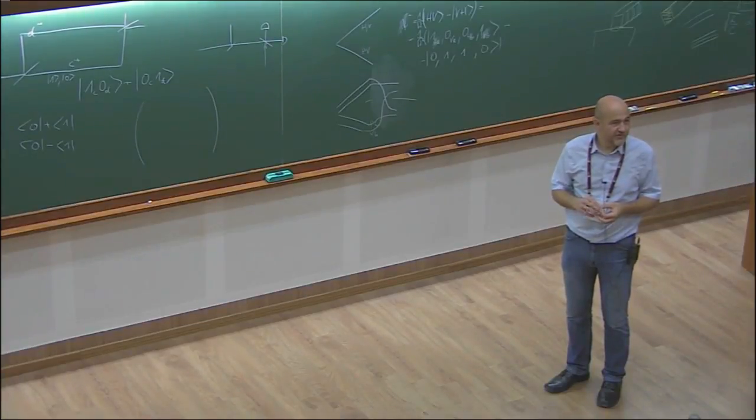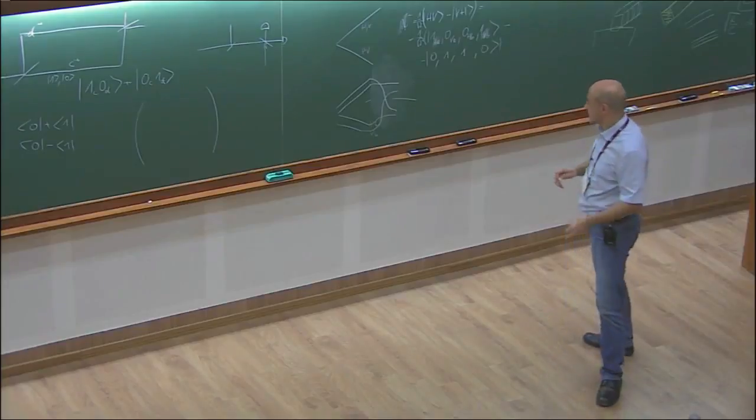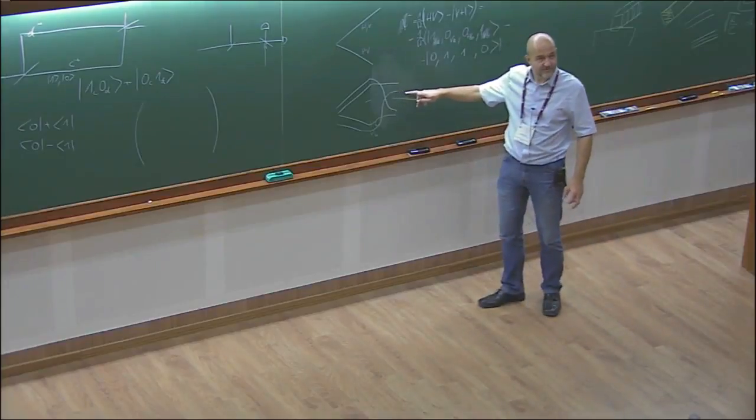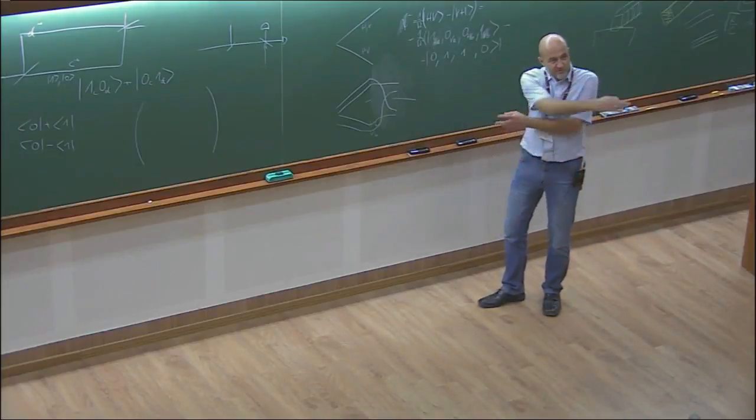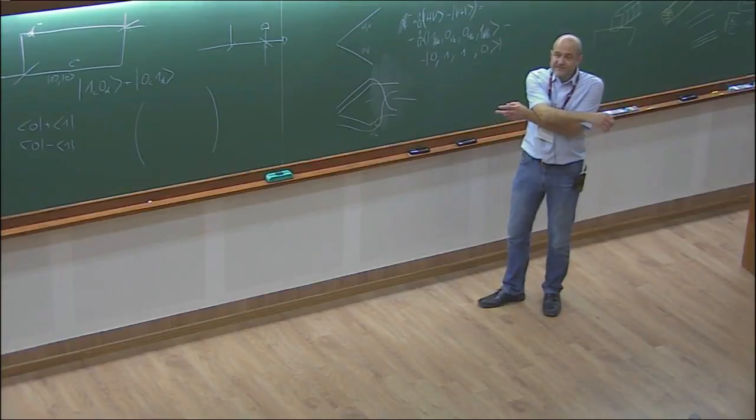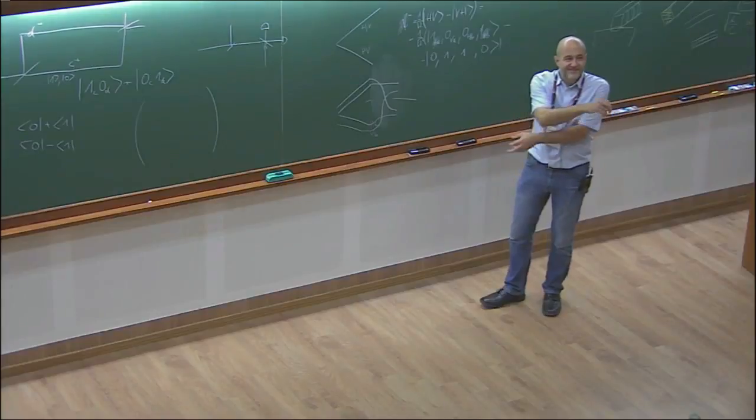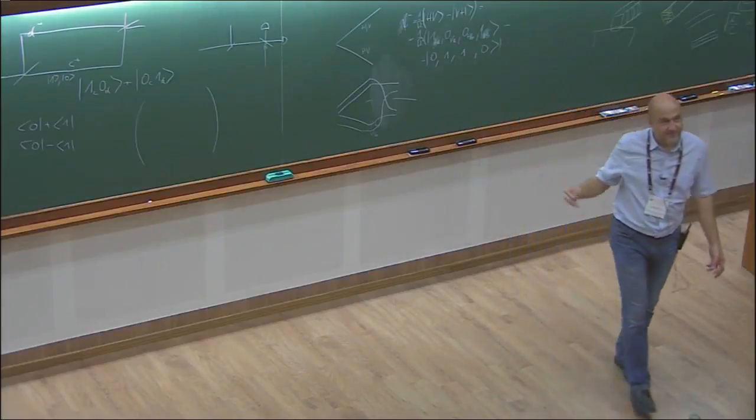So you don't have to worry about redefining unless you do something crazy like here, where suddenly I take part of the Hilbert space and move it to the other side. I've done something, yeah.